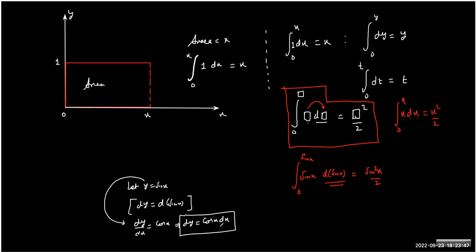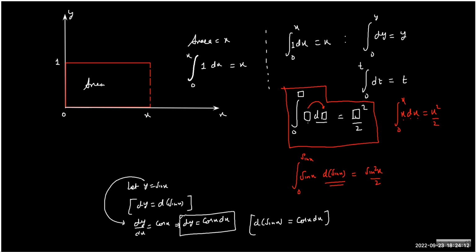Now this gives another idea: d of sin x is as good as writing dy, but dy we can write as cos x dx. So d of sin x means you differentiate sin x using the chain rule and then add dx. So you write d of sin x as d by dx of sin x into dx.